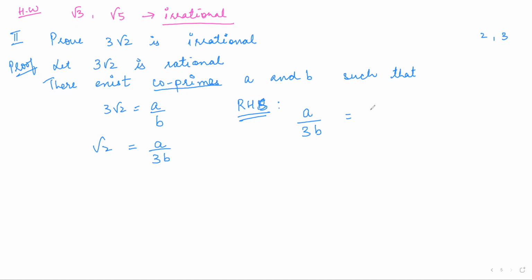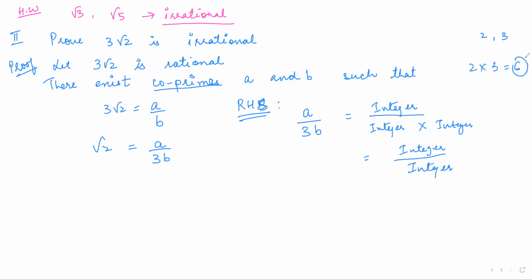So A is an integer divided by 3, which is again an integer, multiplied by B, again an integer. If you multiply an integer by another integer, again you get an integer. For example, you multiply 2 into 3, you will get 6, which is again an integer. So that is integer upon integer. Is that okay?